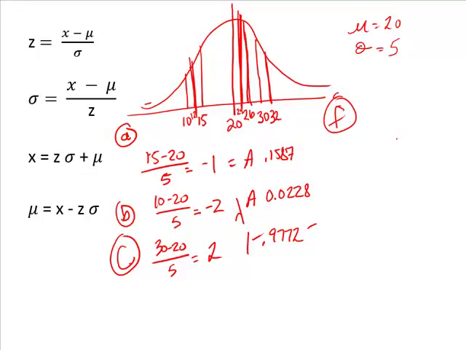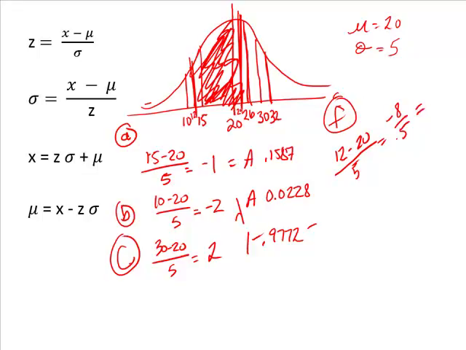No? All right, let me do it then. So I got my curve. I know I need this area here between 12 and 24. 12 minus the mean, 20, divided by the standard deviation is negative 8 over 5.